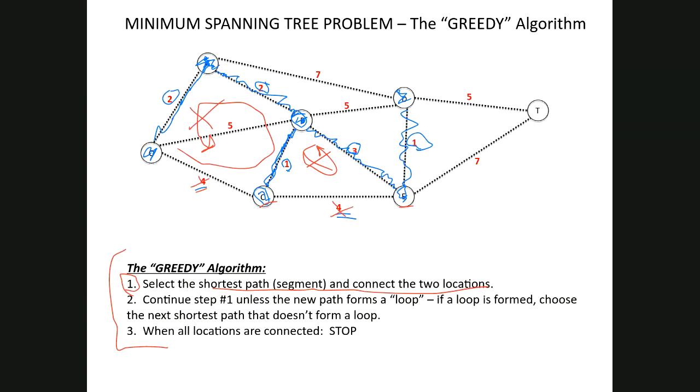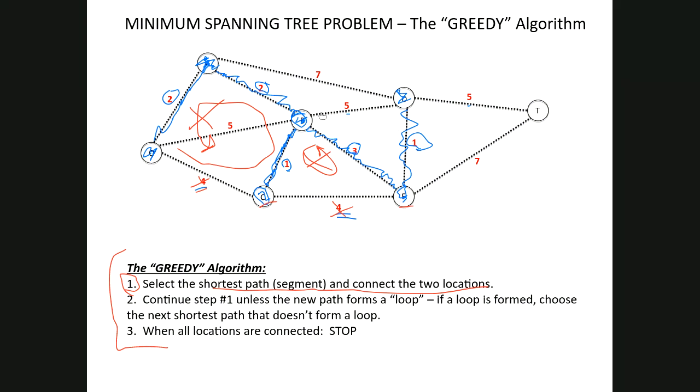So then we go to length 5. All right, so let's look for length 5. There's two of length 5. There's one here and one here. If we pick the first length 5 here, then there will be a loop in this area.